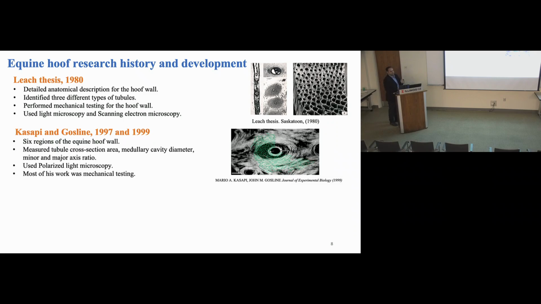He sectioned the horse hoof into 6 different regions, based on the structure, based on the amount of tubules, which I will speak about in a little bit. He also measured intensively the area called the tubule medullary cavity, which is the main focus of my work that I will show today. His work was also mostly using polarized light microscope.